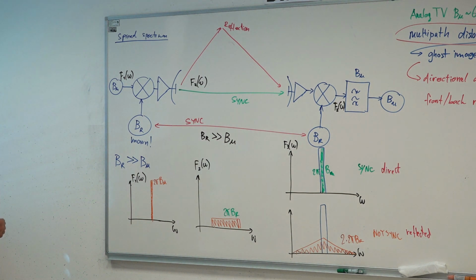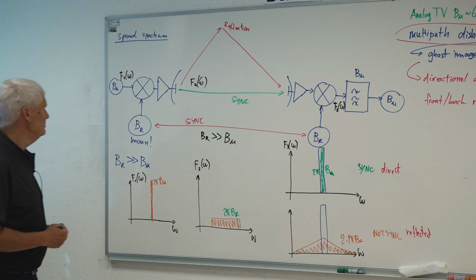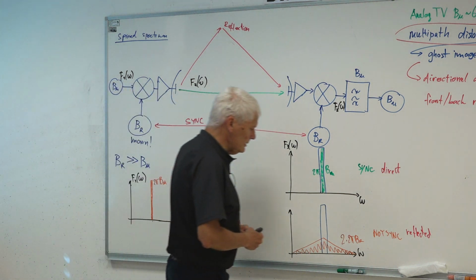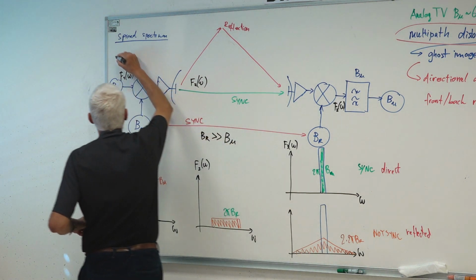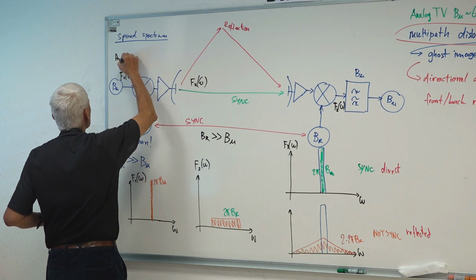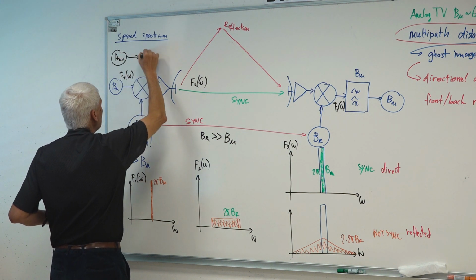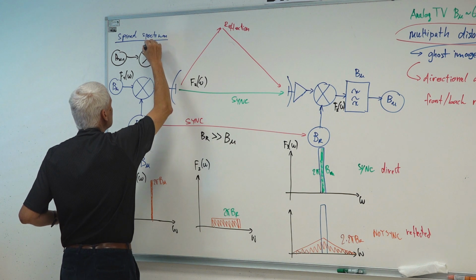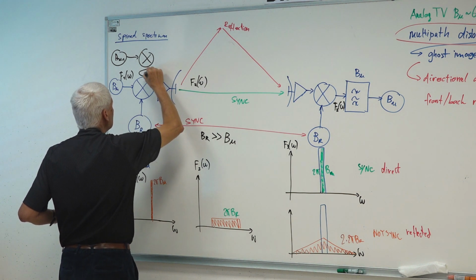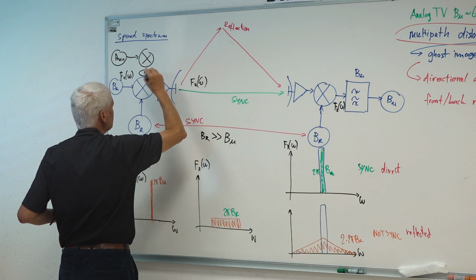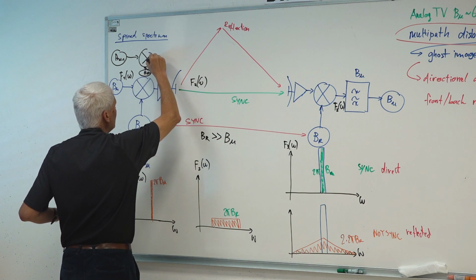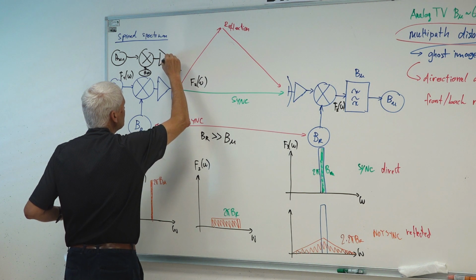If I have another transmitter transmitting some other information, like B user 1, going to another similar transmitter, but having here a BR1 that's not equal to BR, that's being transmitted.